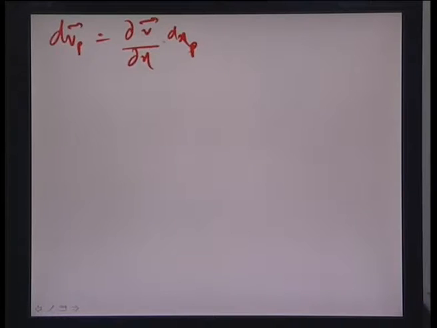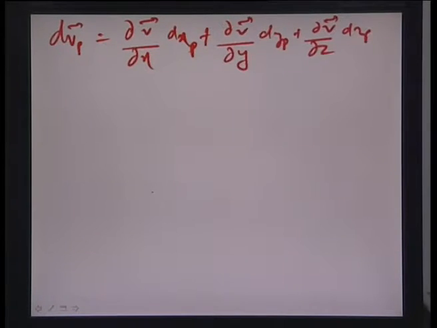So dV vector by dx, that means the rate of change of velocity in the x direction of the particle times dxp, plus rate of change of velocity of the particle with respect to y times dyp, plus rate of change of the velocity of the particle with respect to z times dzp. And you have a time component here, let us say the time is varying with respect to t. So the rate of change of velocity vector of the particle with respect to t times dt.